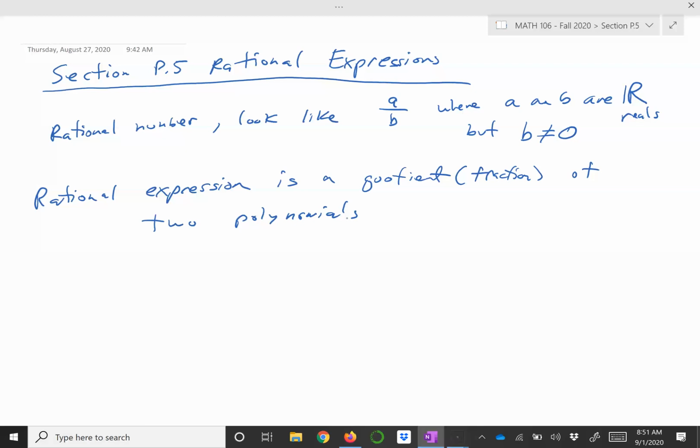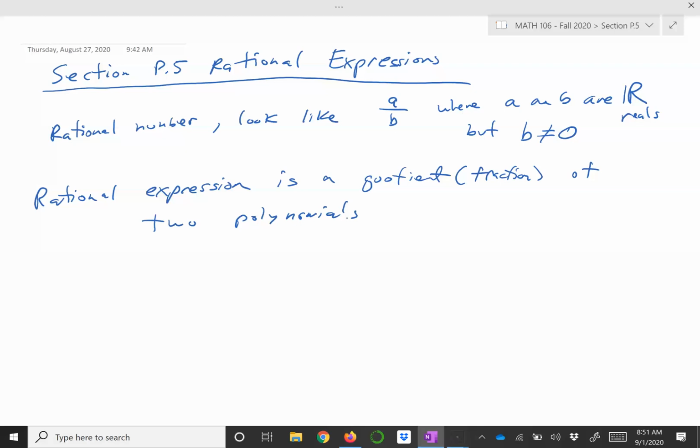That means what values can you plug in for the variable x, because we're going to be dealing with rational expressions of one single variable. What values of that variable can you put into the rational expression to then get a real number as an output? And all we're going to have to do is look at the denominator of the rational expression. And I'm obviously going to show you a bunch of examples.